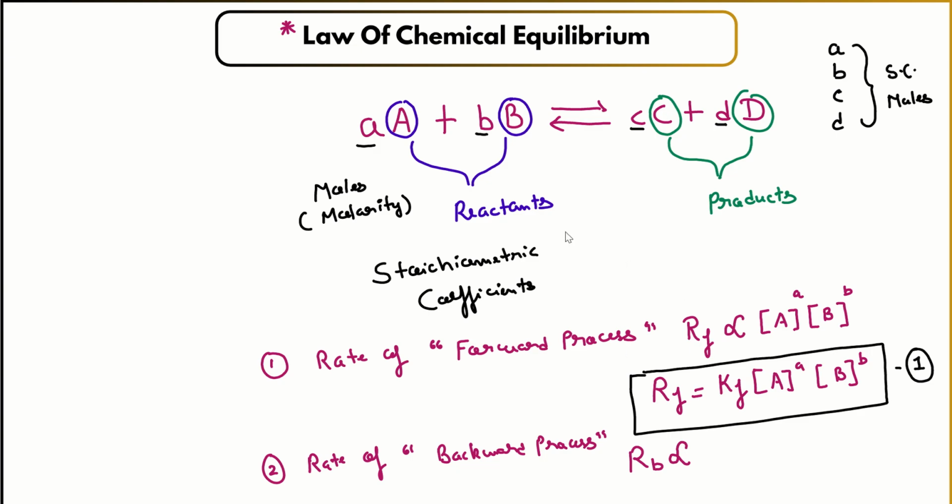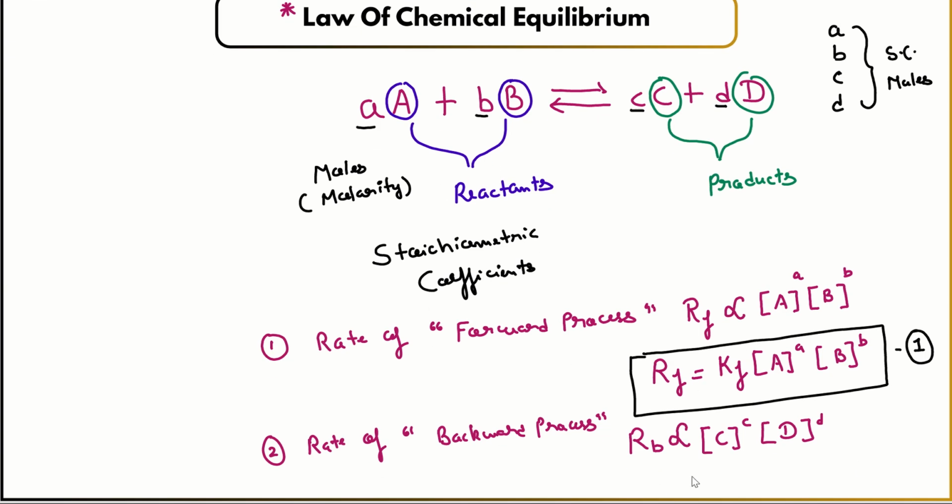Earlier in the forward process, these were the reactants and these were the products. So it will be directly proportional to the products. And what are the products in the backward process? It is capital C raised to the power small c and capital D raised to the power small d.